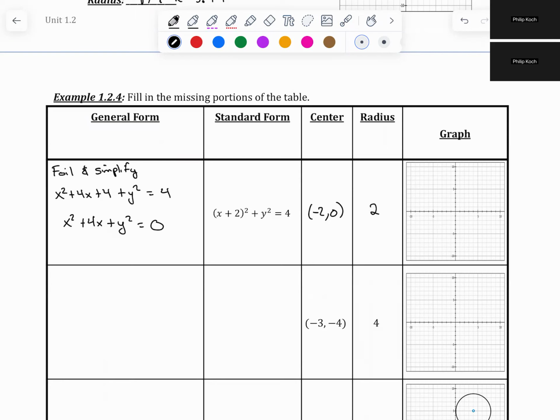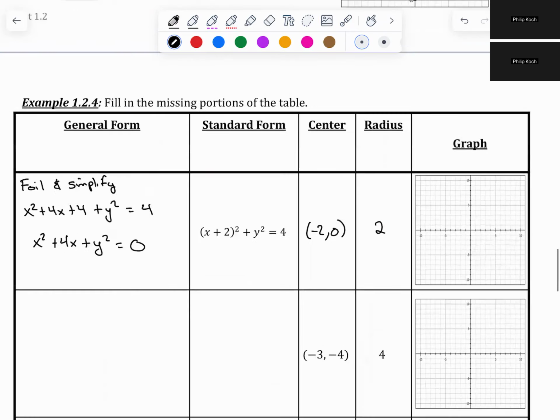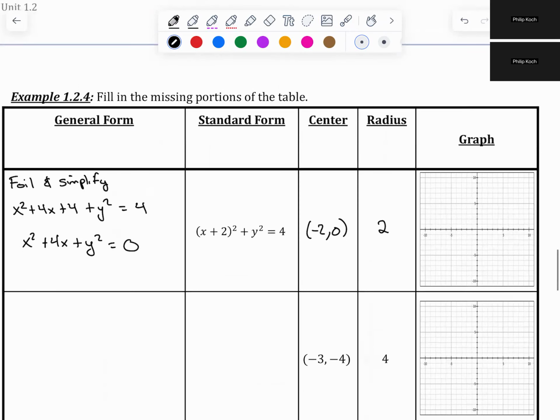And then we can graph it. Any questions on that? So once again, we'll graph it. We've got -2, 0 as our center. -2, 0 right there. Go out 2 in each direction. Right there, there, there, and there.